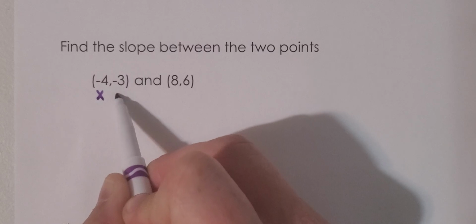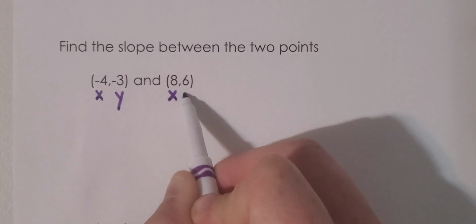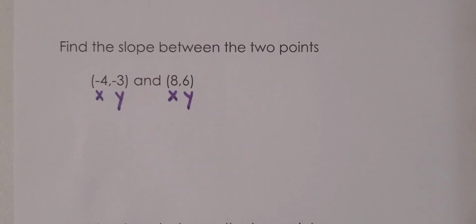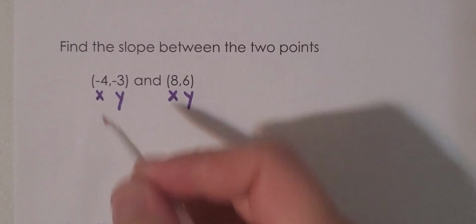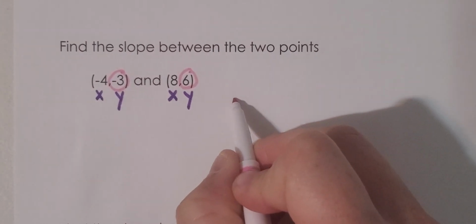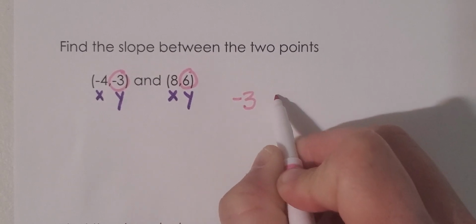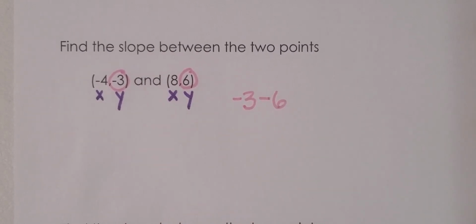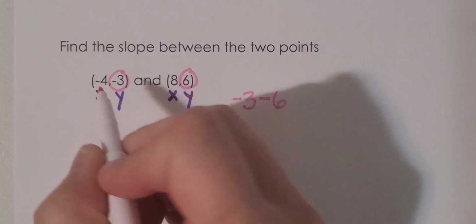So if we have x and y, we can take our 2 y values and subtract them. So my 2 y values would be -3 and 6, and I would subtract them to find the difference between them. And then I can also take my x values.